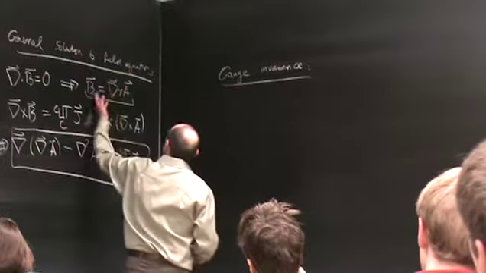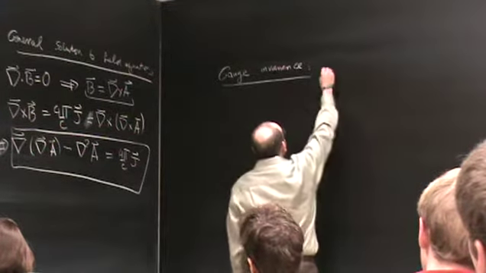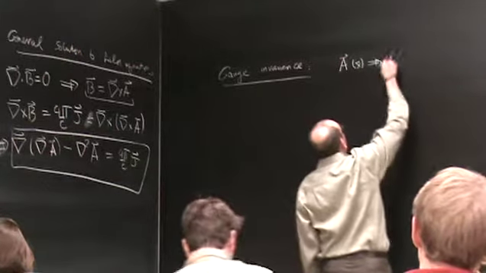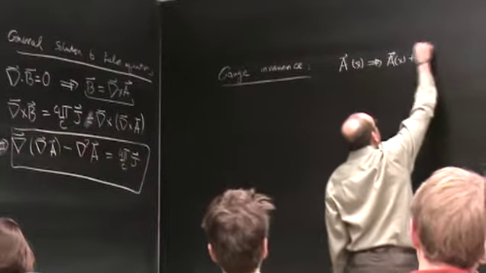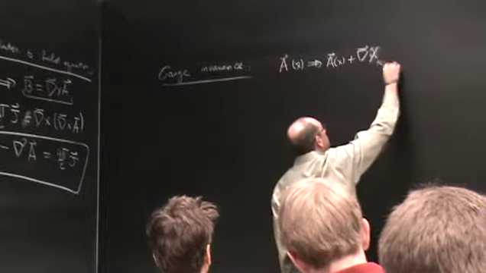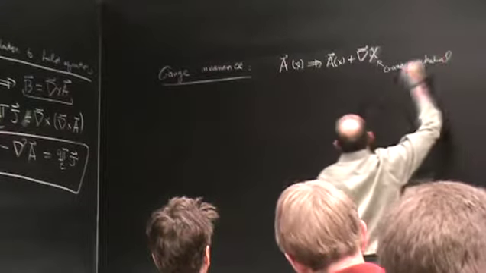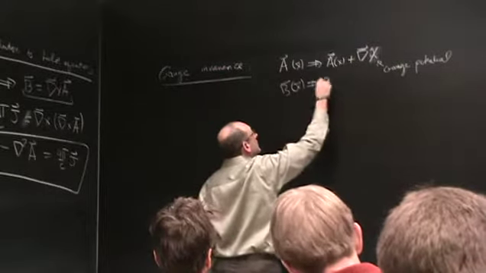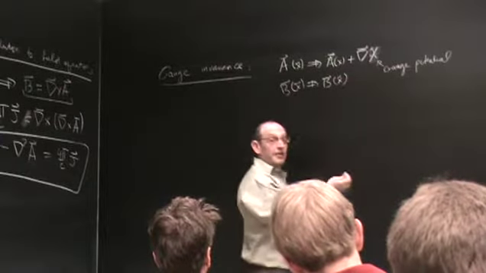However, B only depends on the curl of A. So what that says is that if I take A and I transform it by adding to it the gradient of a scalar, which is called the gauge potential, well then B doesn't change. Why? Because the curl of the gradient is 0.